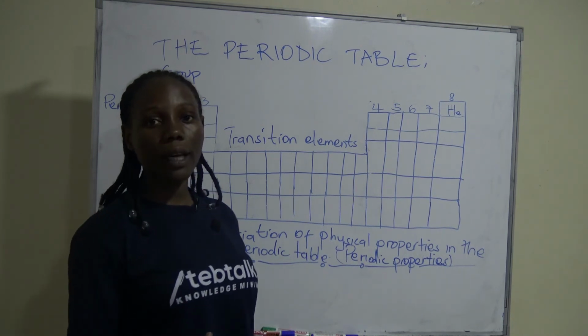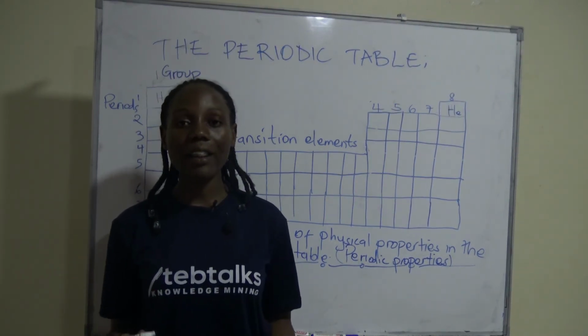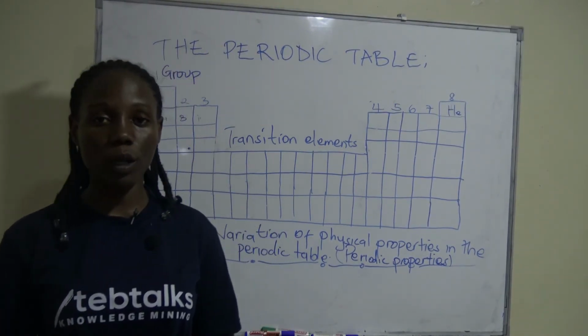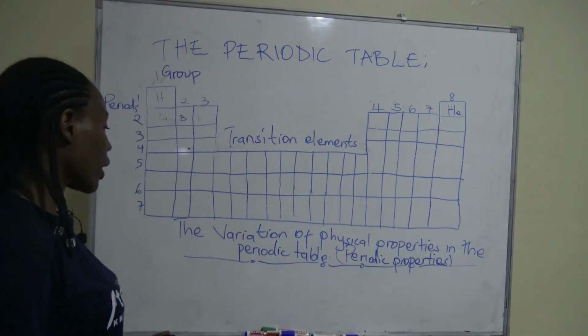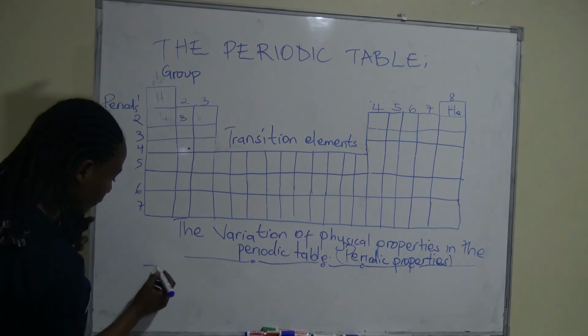The periodic properties. And the first one, we have what we call atomic radius. We have ionization energy. We have electron affinity.